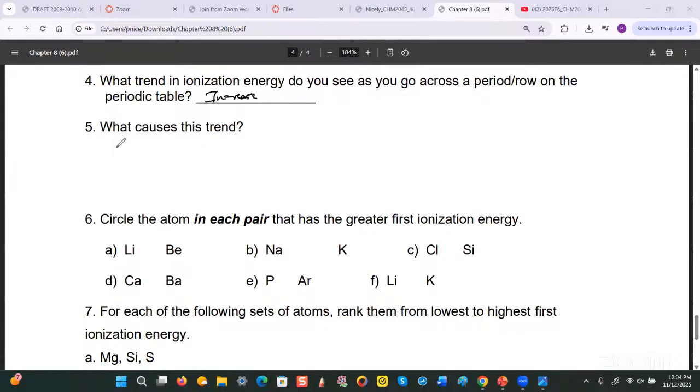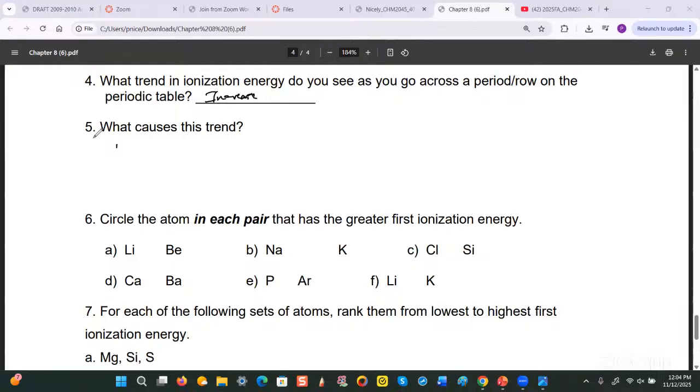The orbital for the valence electrons gets higher, so they're easier to remove. No, it's not easy to remove. Yeah, it increases, so they're hard. Right.